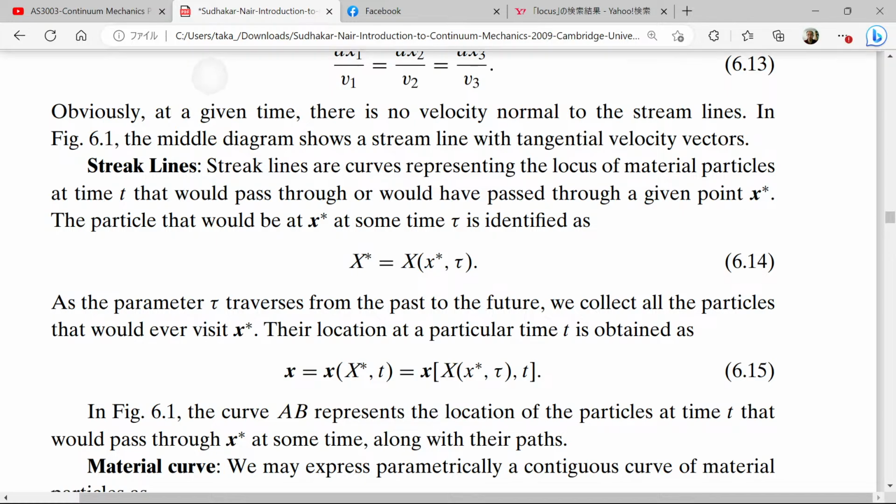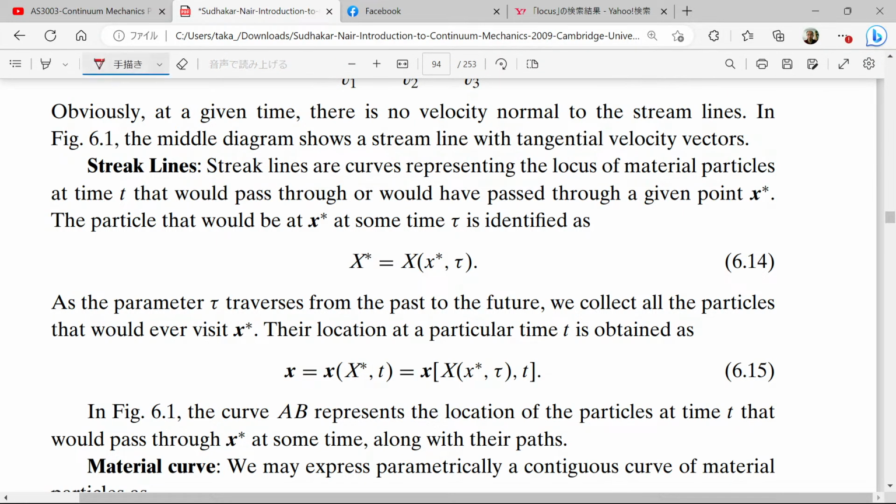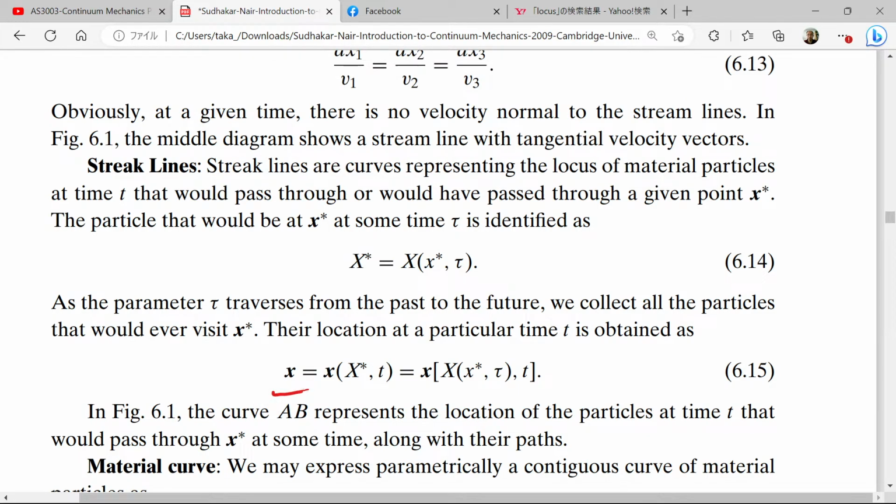So I think this locus is something like this. This locus is given this way, and then this x star is given this way.